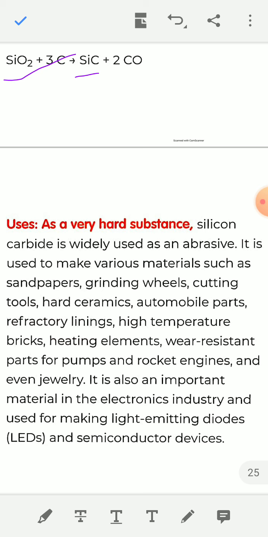You have to read the preparation and use of silicon carbide. It is a very hard substance.